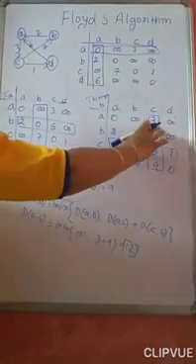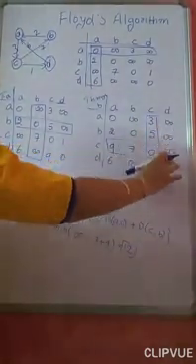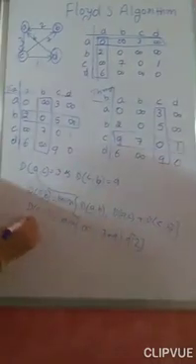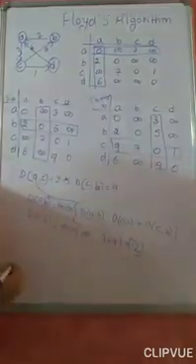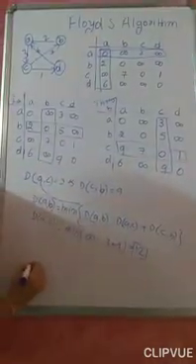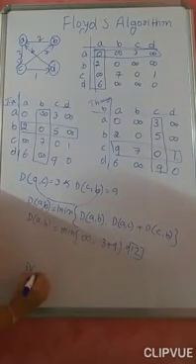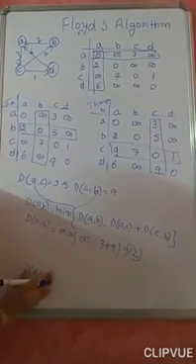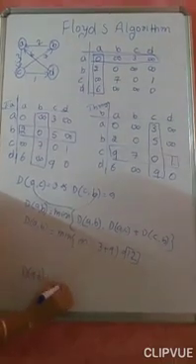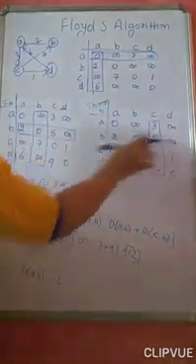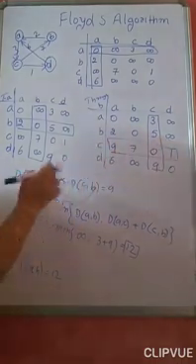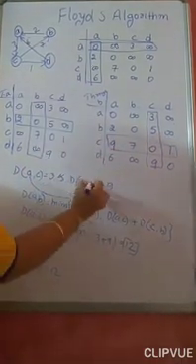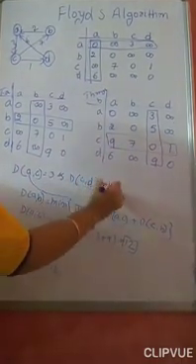Now I will repeat this with this. Whichever changes are there, I will make them. So D of A to B is 12 now. Now I will repeat this with this. This means 3. And C to D is equal to how much? 1.